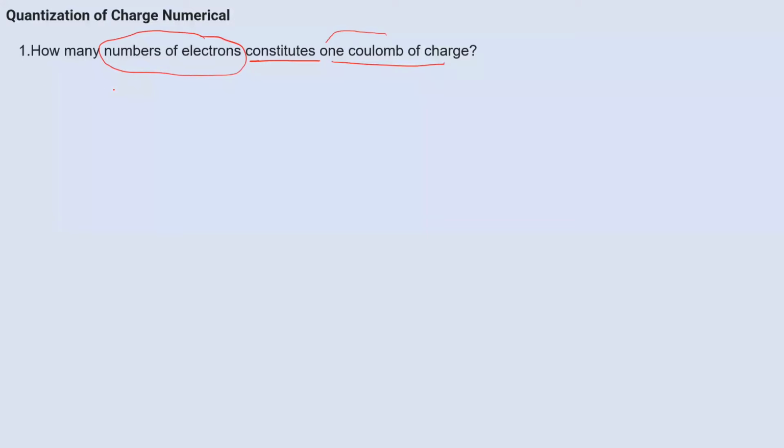So we have already seen the formula of quantization. We know the formula for quantization is Q equals N e. So first, let the quantity that we need to find, the number of electrons, be small n.